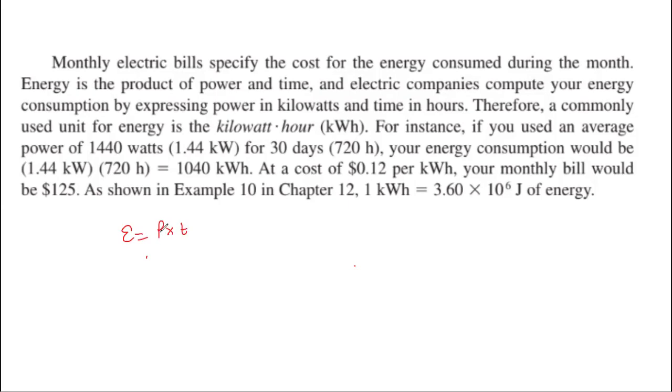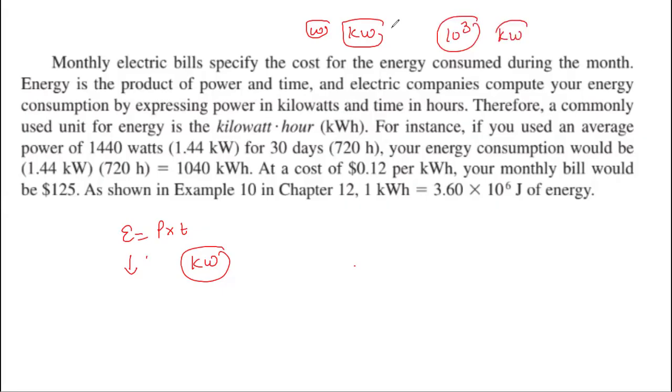So companies compute your energy consumption by expressing power in kilowatts and time in hours. Power will be measured in kilowatts because you are using a lot of power. The watt is a very small scale, so we like to use kilo. Kilo stands for 10 to the power 3, okay? So kilowatts make the watt 1000 times bigger, right?